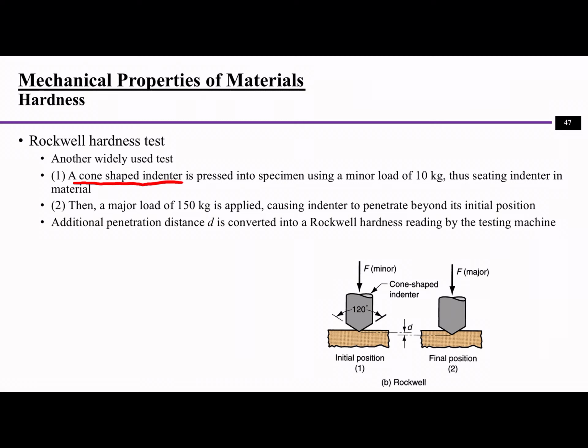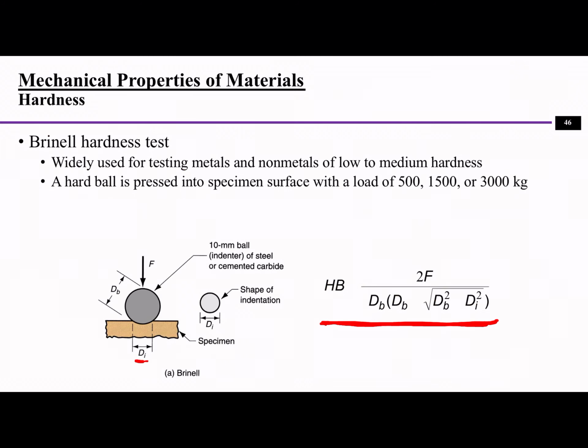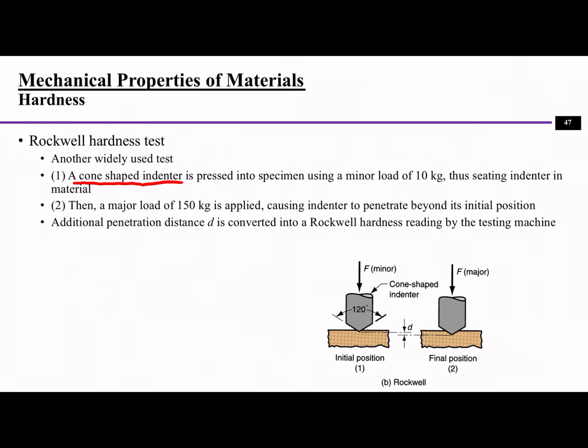Compared to the Brinell hardness test, Rockwell actually uses a cone-shaped indenter. You can compare the cone-shaped versus the ball-shaped. For the Rockwell hardness test, there are also different scales for measuring different materials.